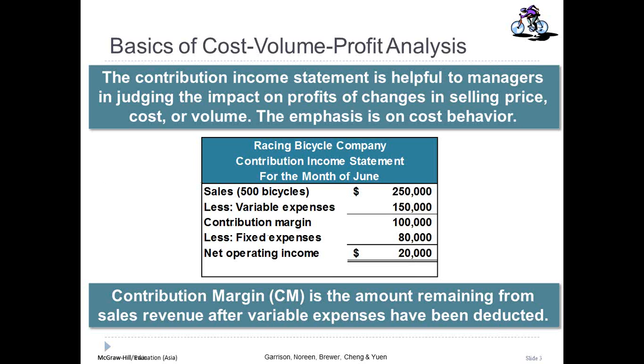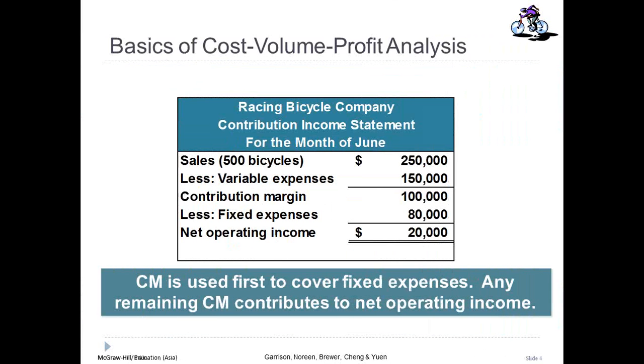It's a completely different format and approach than the GAAP-based approach for income statements and P&L. Contribution margin is used first to cover fixed expenses. Any remaining contribution margin contributes to net operating income, also known as profit or the bottom line.